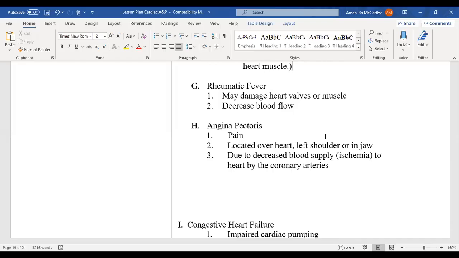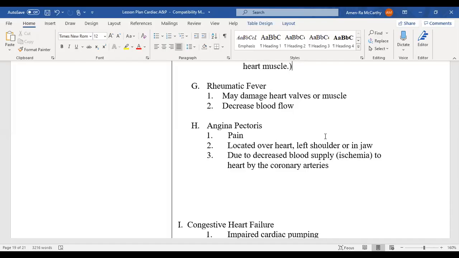So not only can the layers of the heart get inflamed, but if those heart valves become inflamed, they call that rheumatic fever.